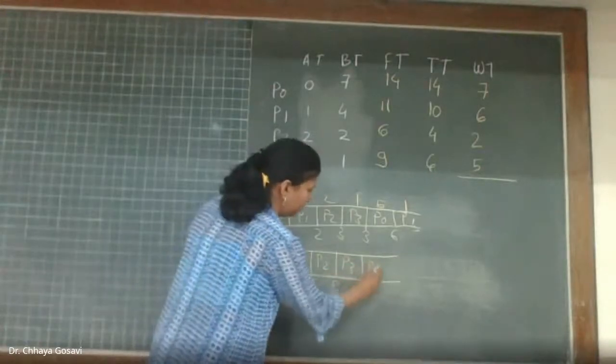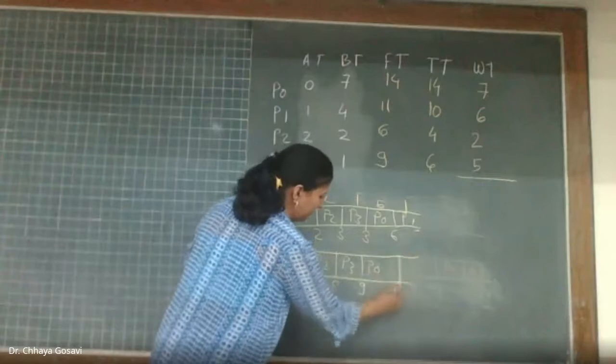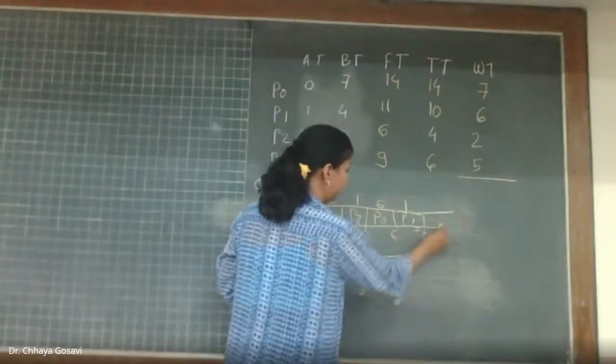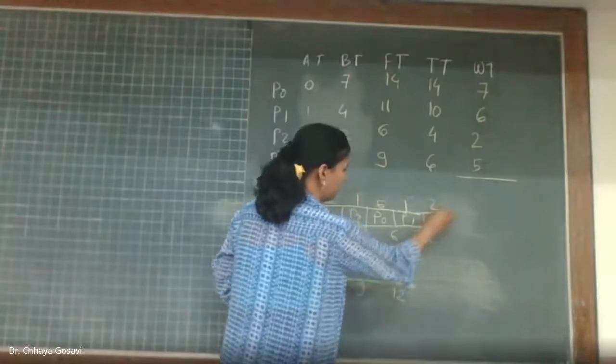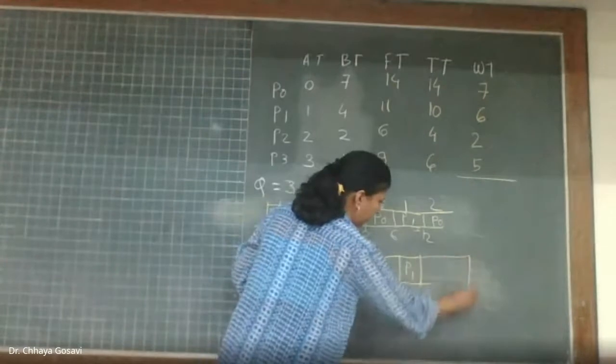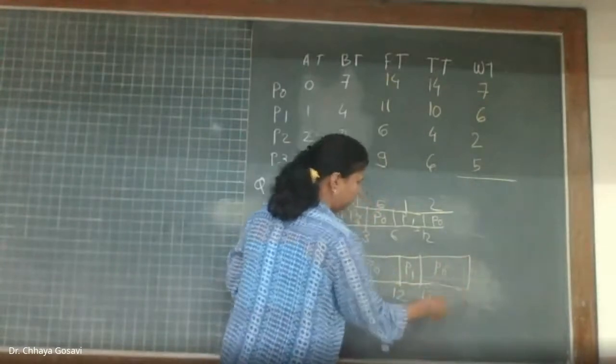Then P0 will execute for the next 3 cycles, and then it is preempted and added at the end of the ready queue for the remaining cycles. P1 will execute for 1 cycle. And then P0 for the next cycles.